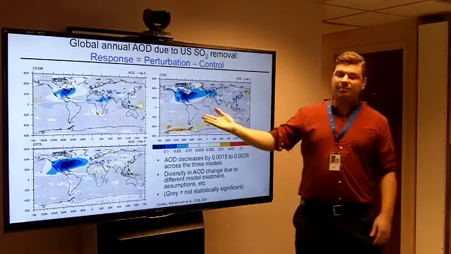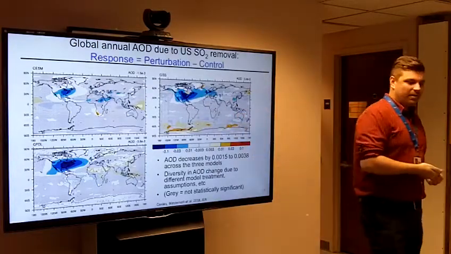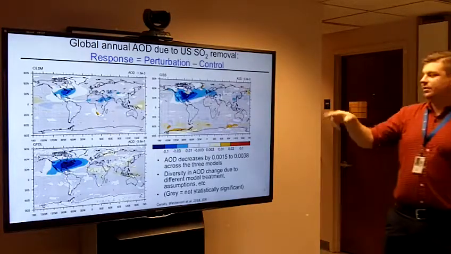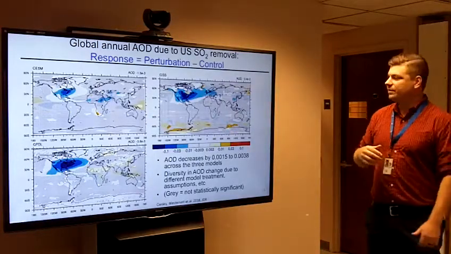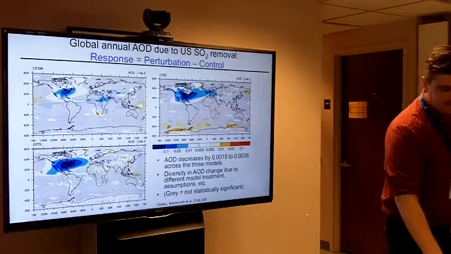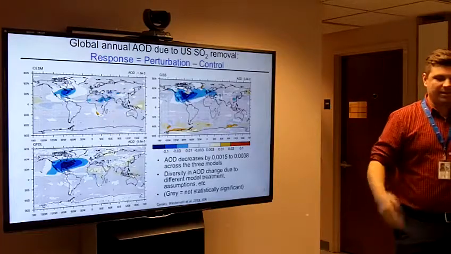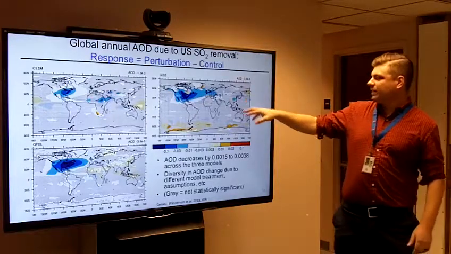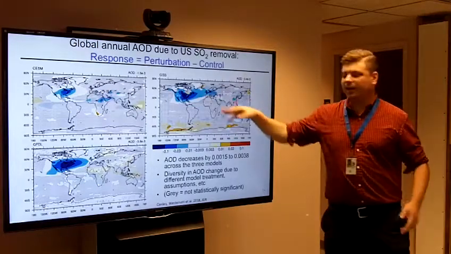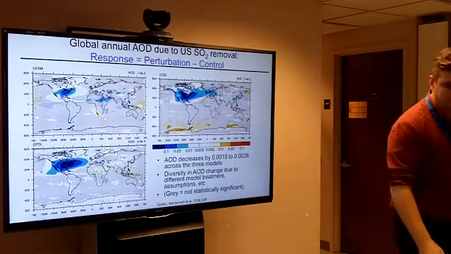The CESM model is using a microphysics model, MAM3, a very simple modal, 3-mode microphysics model, whereas the other two didn't consider aerosol microphysics. Other assumptions can also cause some discrepancies. Oh, by the way, the gray dots mean that it's statistically insignificant. So if there's no gray, then those are statistically significant results.